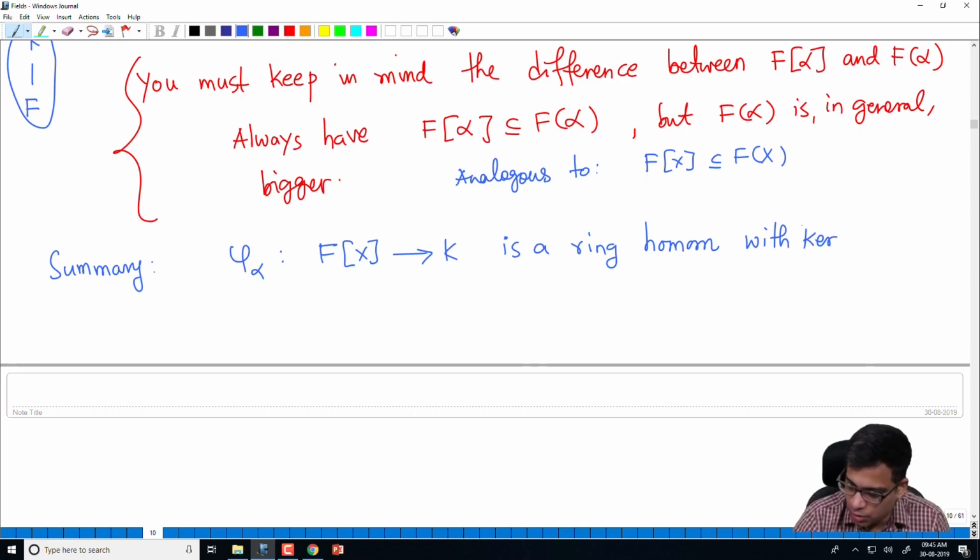Okay, so with the kernel we understand the image, which is f[alpha].